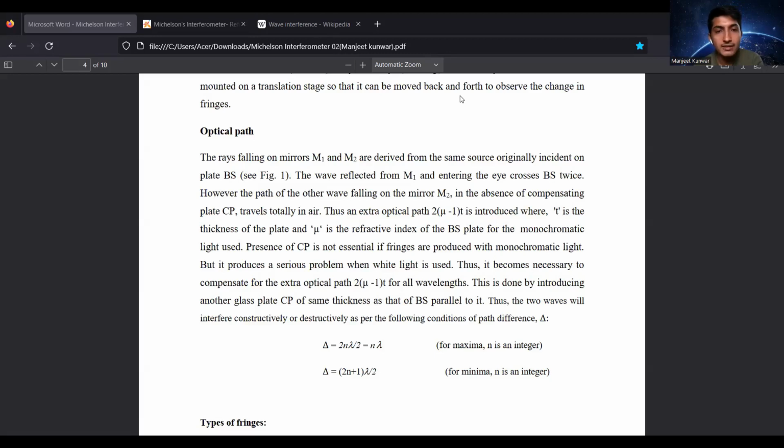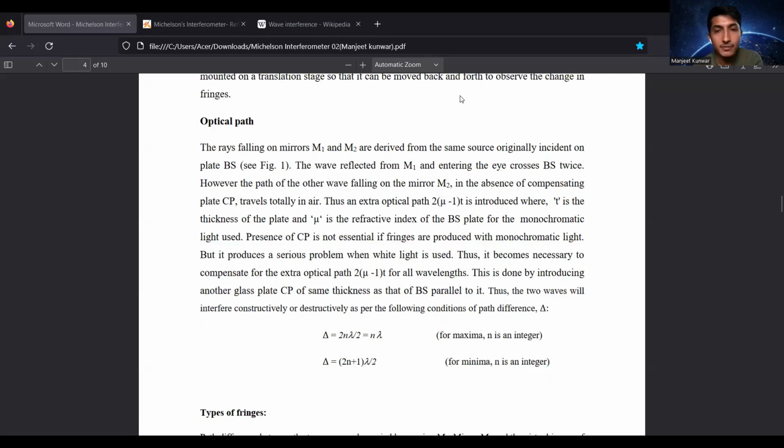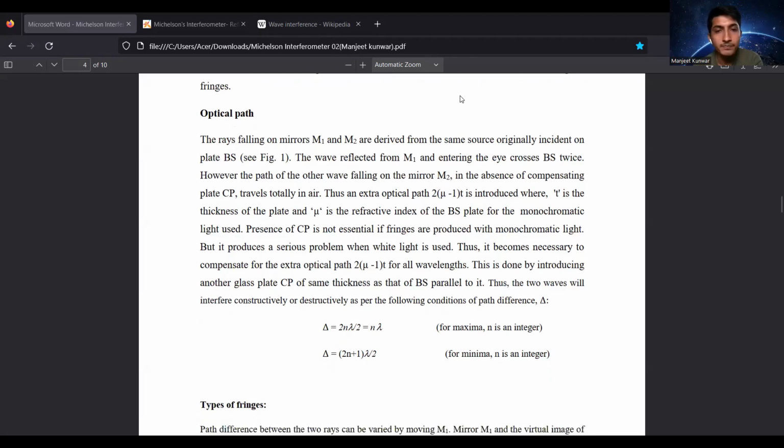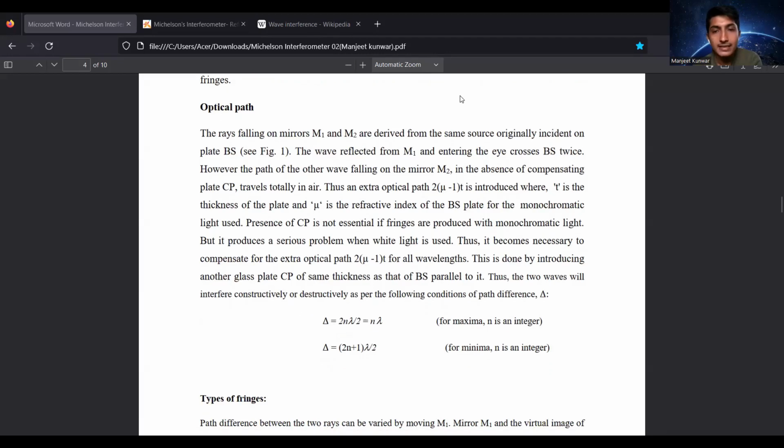light used, the presence of CP is not essential if fringes are produced with monochromatic light, but it produces a serious problem when white light is used. Thus, it becomes necessary to compensate for the extra optical path 2(μ − 1)t for all wavelengths. This is done by introducing another glass plate CP of the same thickness as BS, parallel to it.